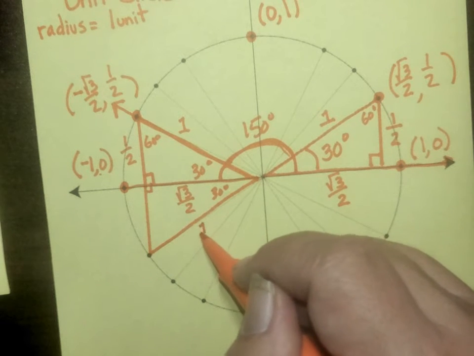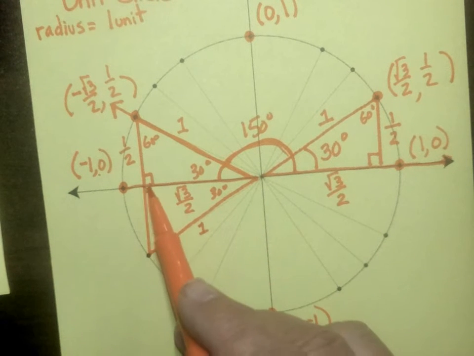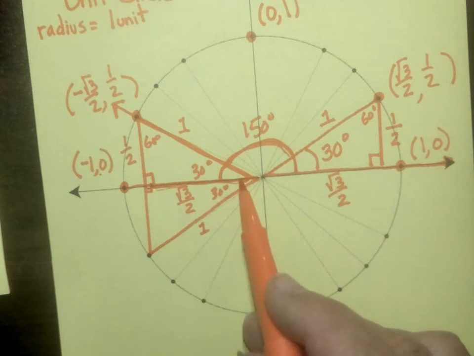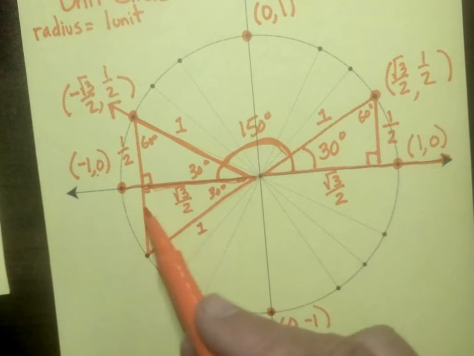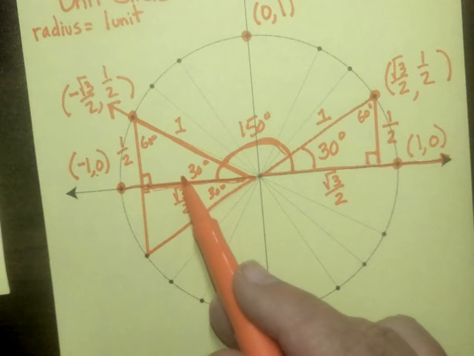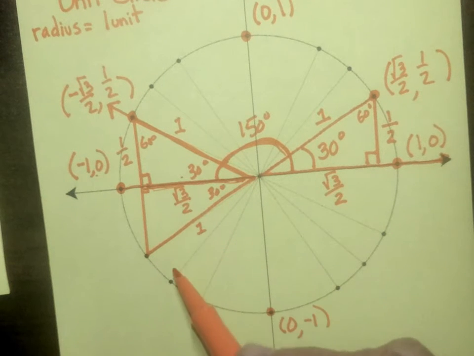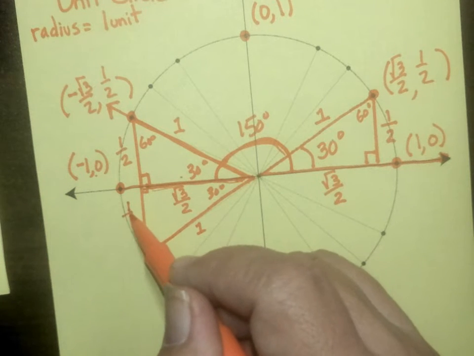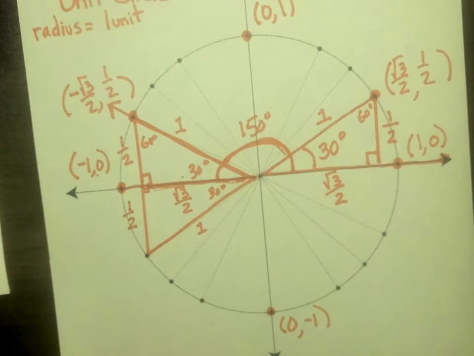This radius is 1. Well, I already know the length of this side. Remember the reflexive property? A line segment is equal to itself. So if it was the square root of 3 over 2 in this triangle, this is still the square root of 3 over 2. And this side over here has to be 1/2.